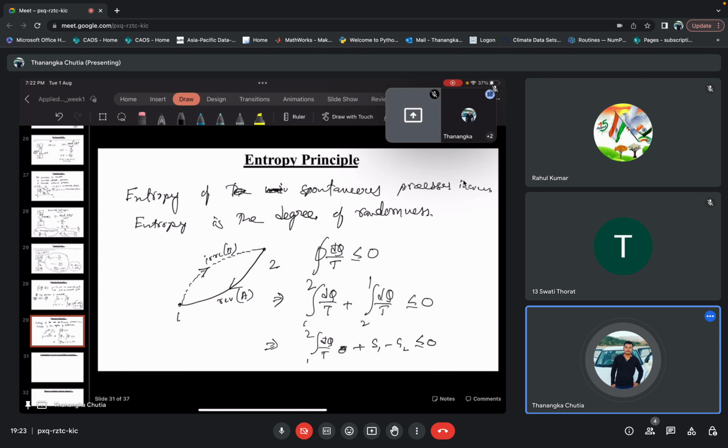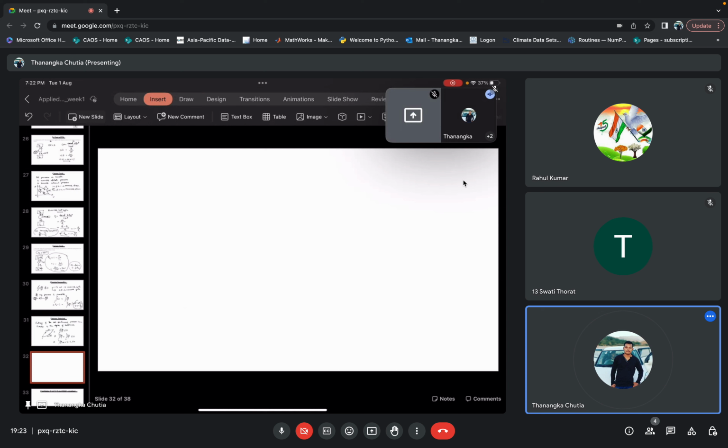So from here what I can write is: S2 minus S1 is greater than or equal to the integral of dQ by T from 1 to 2.